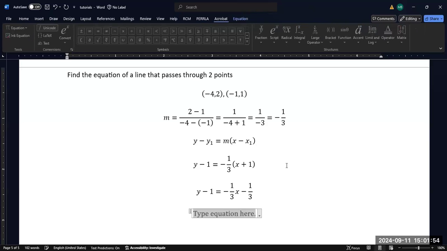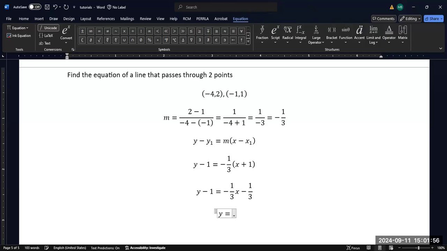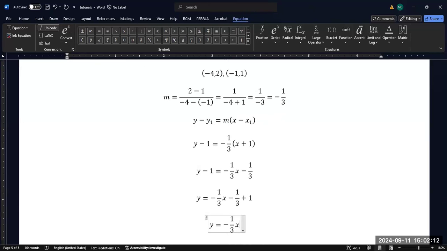And then we're going to add 1 to both sides of the equation. 1 is 3/3. So our final equation is going to be y is equal to -1/3 x plus, so -1/3 plus 3/3 is going to give me +2/3. So this is my equation of the line.